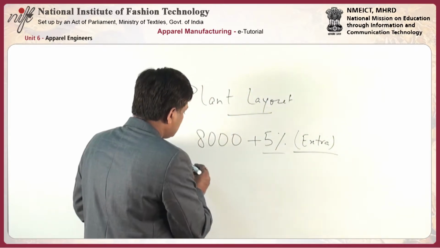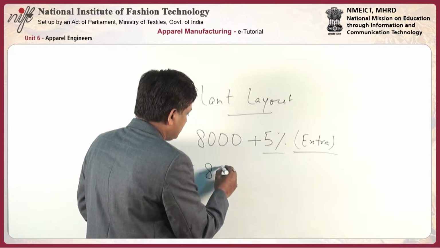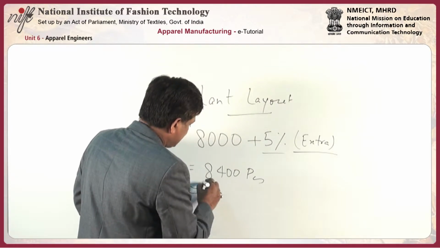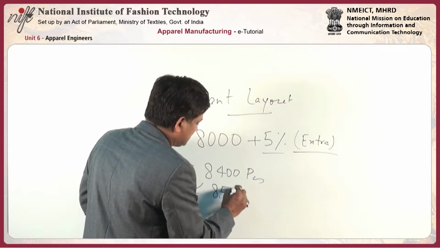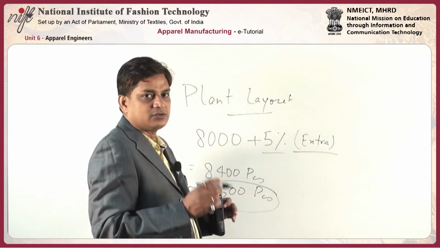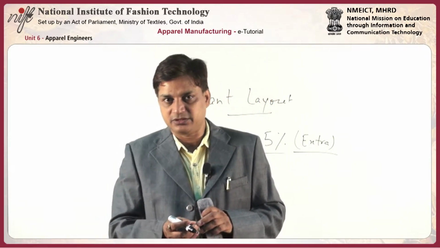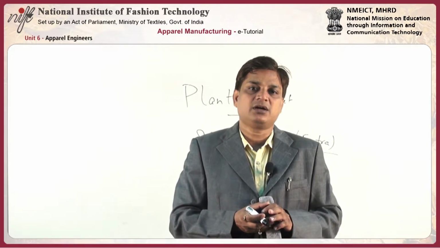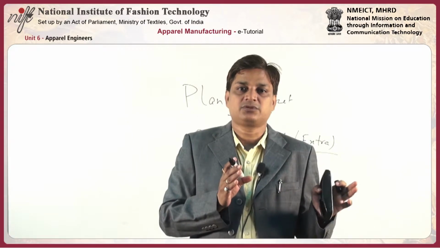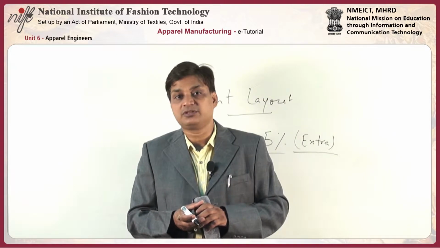So 8000 pieces plus 5% extra gives me around 8400 pieces. For ease we plan 8500 pieces per day. Roughly we are going to cut 8500 pieces, which will come around 6-7% or 8% extra. The average consumption per shirt, considering both solids as well as checks, is 2 meters.